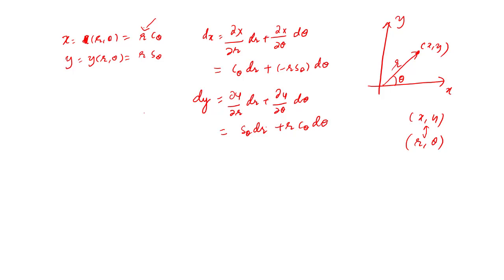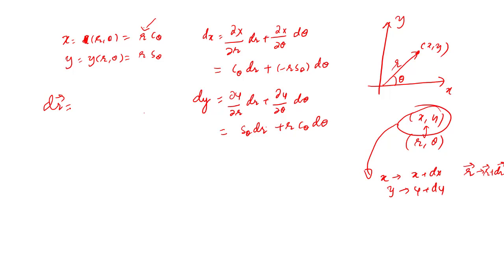Now, in the xy coordinate system, if I were to ask myself that if I change x to x plus dx and y to y plus dy, then what would be the net change in r, which goes to r plus dr? Then the net change dr, which is a vector, would be dx along x-axis, and dy along y-axis. But we know what this dx and dy are with respect to r and theta.